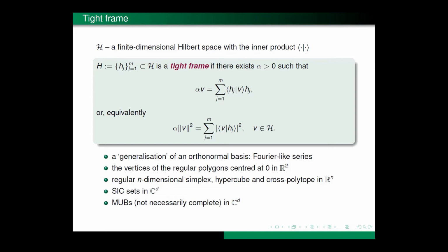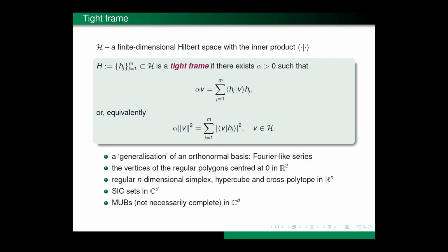I mean, they need to span the whole space, but the cardinality of this set can be larger than the dimension of the Hilbert space. So the generalization is that we've got this Fourier-like series, or if you wish, you can also think of this Parseval-like equality.